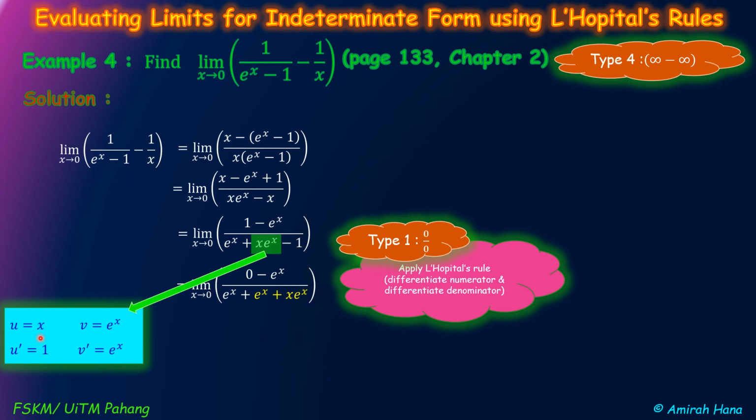We differentiate x, we have 1, and we differentiate e to the power of x, we get back e to the power of x. After that, we substitute into the product rule formula, v u prime plus u v prime. So we get this. Then we differentiate negative 1, we get 0, no need to write.